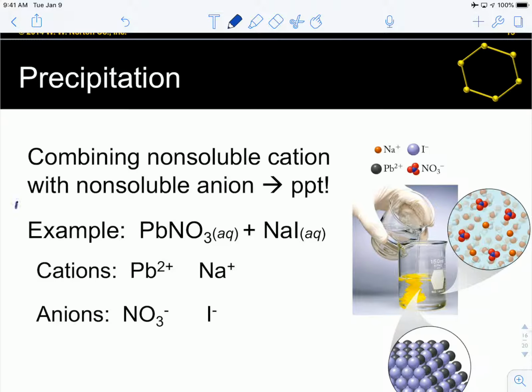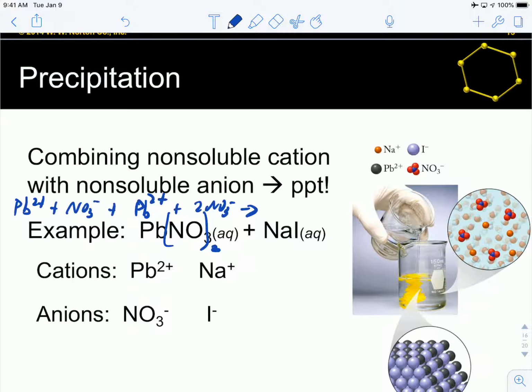So if I was to write this, I would write lead 2 plus and NO3 minus, because this is balanced already, we're okay. Well, actually, we have to see that. Let's write the products. I'm going to swap partners. Oh, wait a second, I messed this up here. Plus lead. Oh, this is a mistake here, actually. That has to be 2, because lead is 2 plus, 2 nitrate gives me, and I'll write the product down here as I'm getting confused.